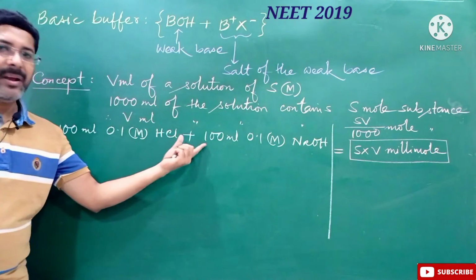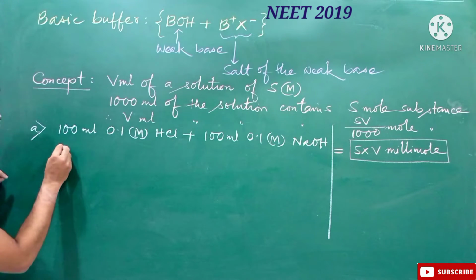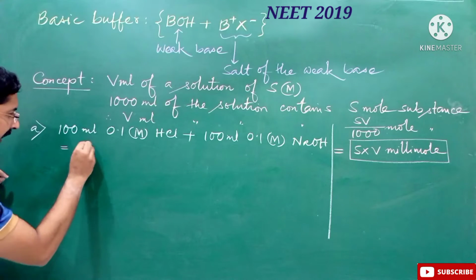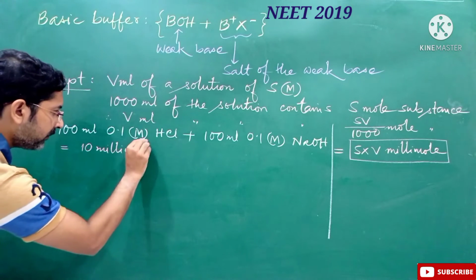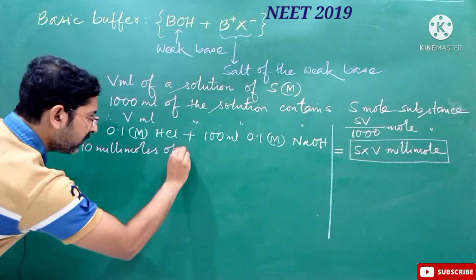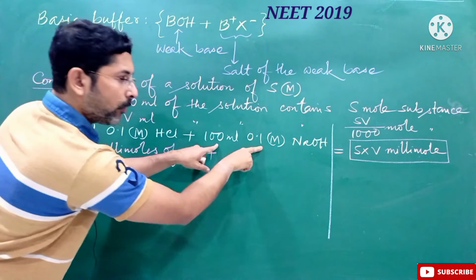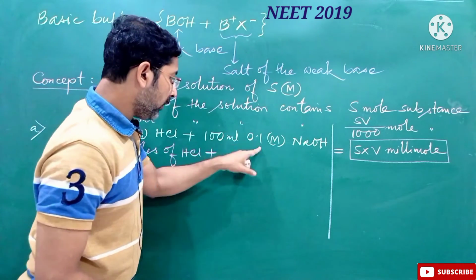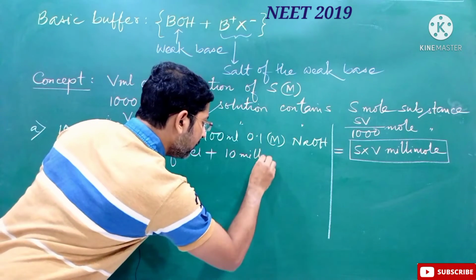And of course it will be a neutral solution, very simple one. This 100 into 0.1 gives us 10 millimoles of HCl, plus, of course, 100 into 0.1, that V into S, gives you 10 millimoles of NaOH.